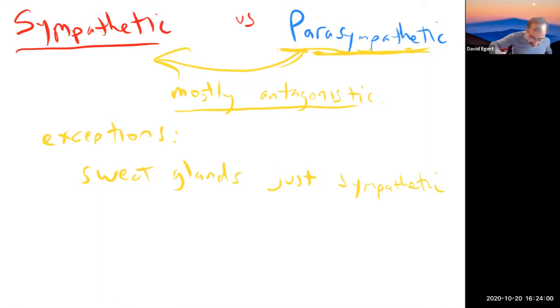So this is actually used in a lot of physiological experiments to monitor sympathetic activity. The more sympathetic activation you have going on, the more your sweat glands turn on.